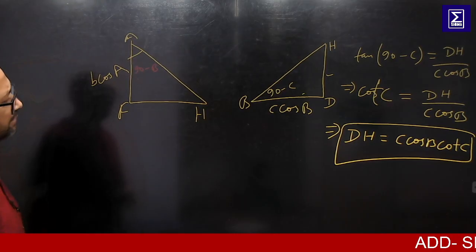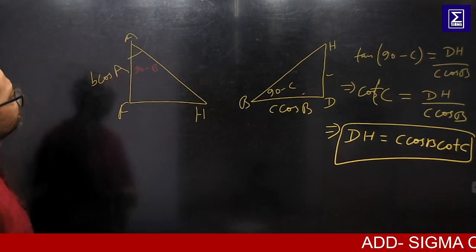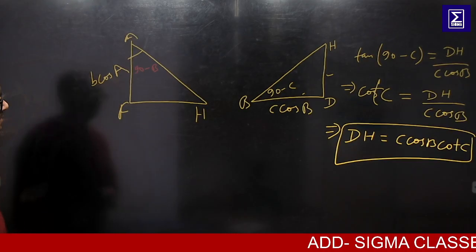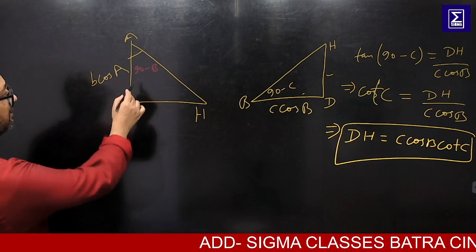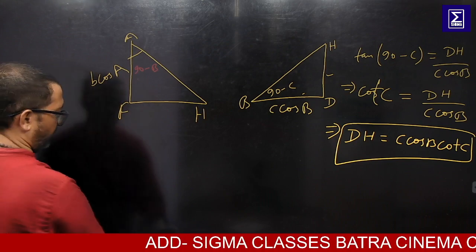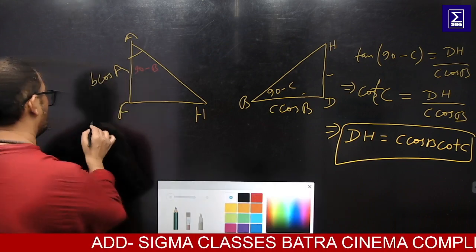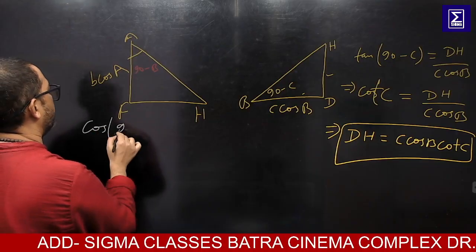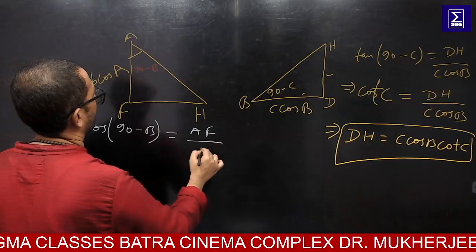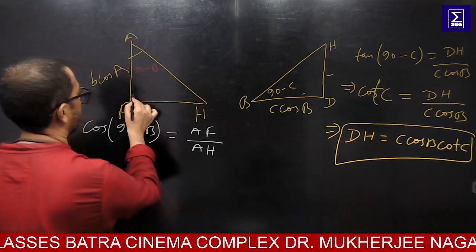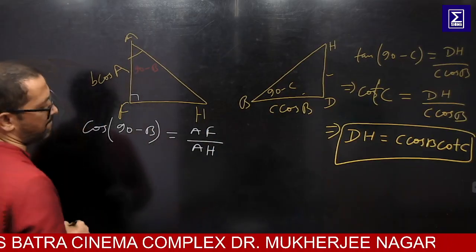How will we get AH? Cos 90 minus B. If you take cos 90 minus B, that would be AF upon AH, because this is making an angle of 90 degrees.